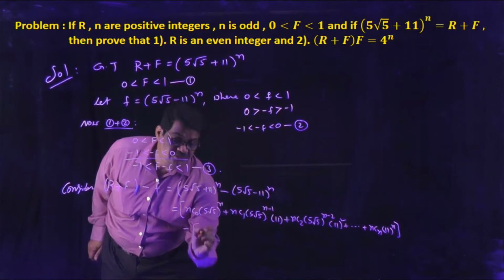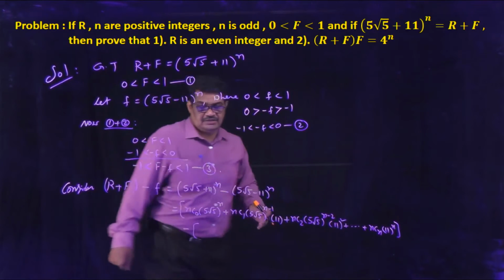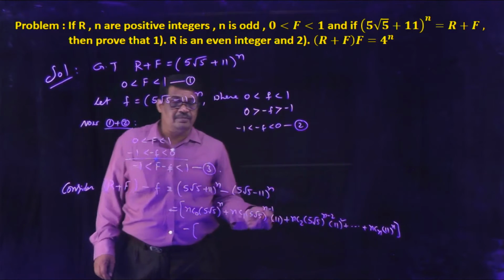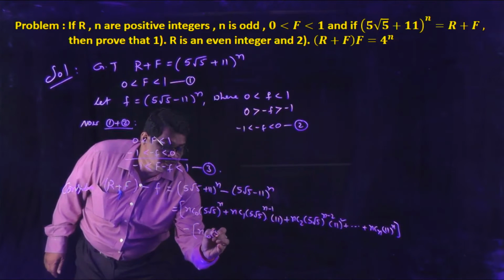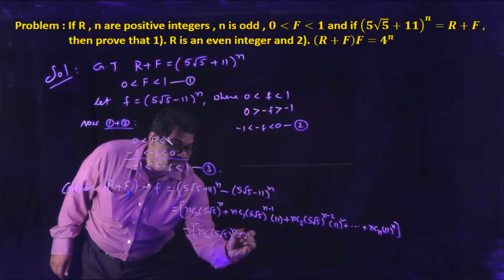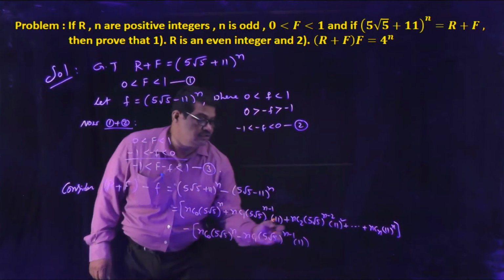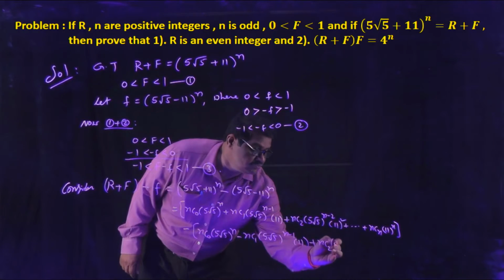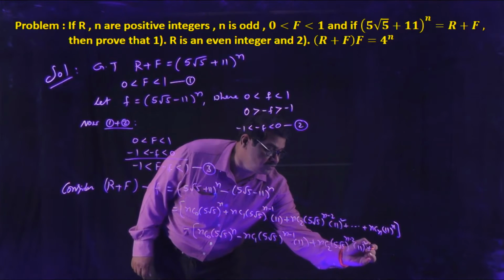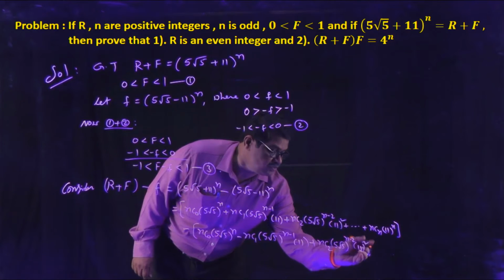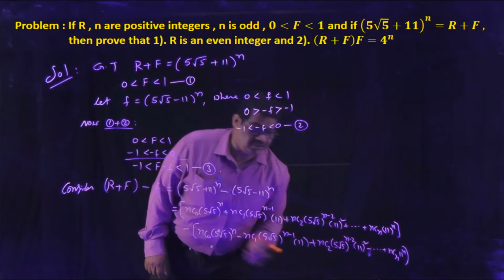Now we are writing the expansion of 5 root 5 minus 11 whole power n. These are both the same, but here plus 11, here minus 11. The terms are the same, so we are getting alternately plus and minus. Now we are writing nC0 5 root 5 to the power of n minus nC1 5 root 5 to the power of n minus 1 into 11 plus nC2 5 root 5 to the power of n minus 2 into 11 square and so on, here we are getting minus, and so on, nCn 11 to the power of n.